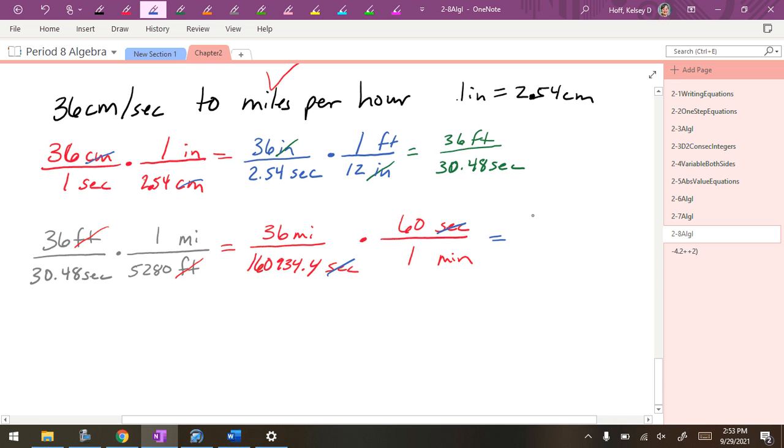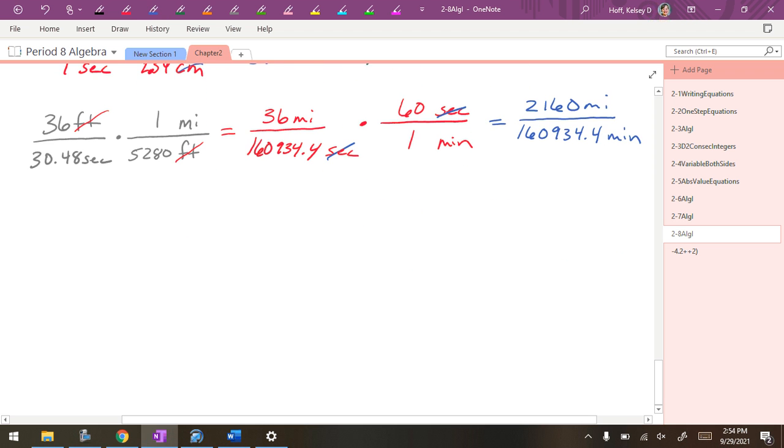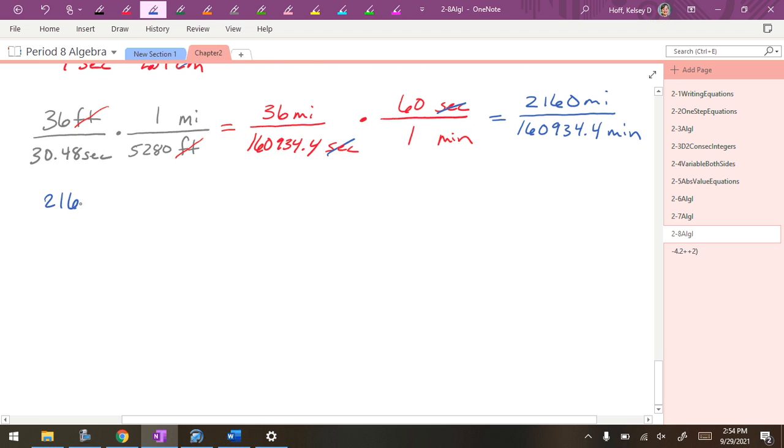And label would be miles, correct? 2,160 miles over 160,934.4 minutes. All right, what are you converting now?